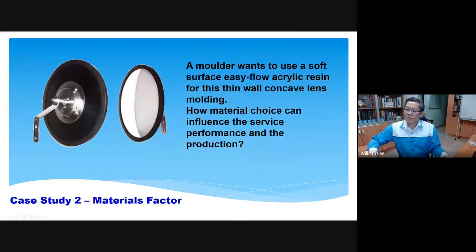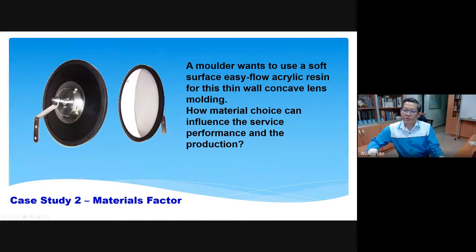In this case, you can see I have a case here whereby the molder uses a soft surface, easy flow acrylic, meaning PMMA, for this thin wall concave lens. And for this thin wall lens, when they are very thin you need to select a material which is easy to flow.